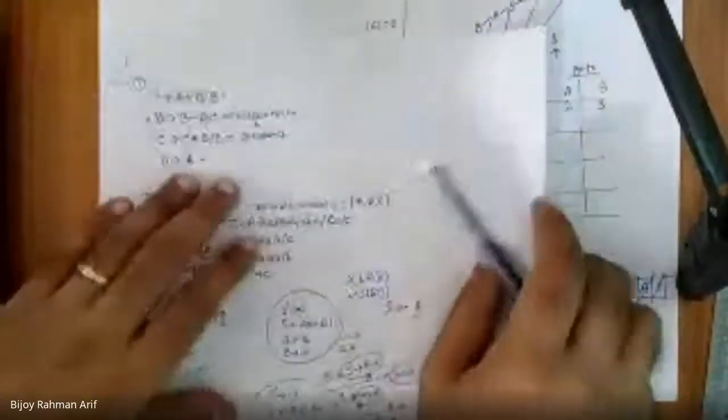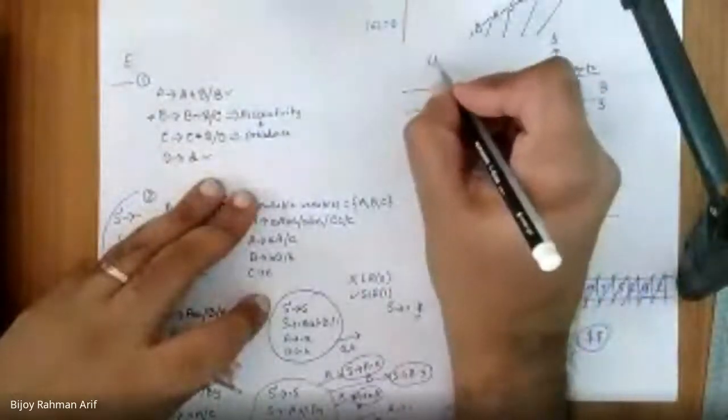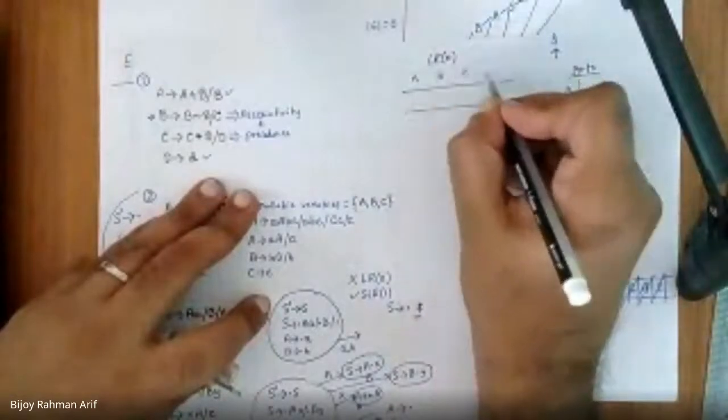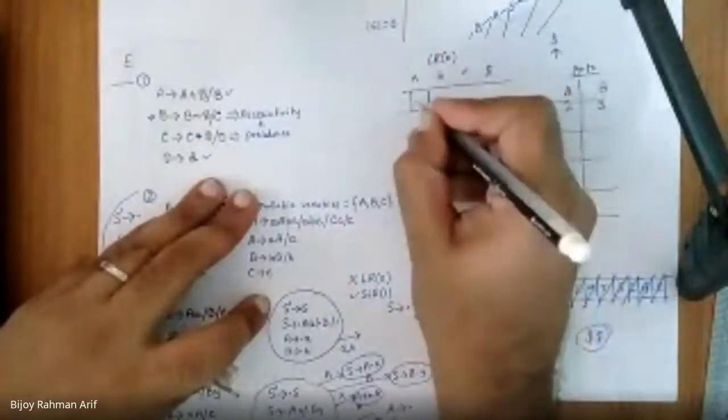Otherwise, it is very problematic, because if you draw a table for say LR0, then for each entry you are going to consider there is different RR conflict. For example, let's assume there is RR conflict in LR0. Then there are A, B, C, and dollar. Then each one has a RR conflict.